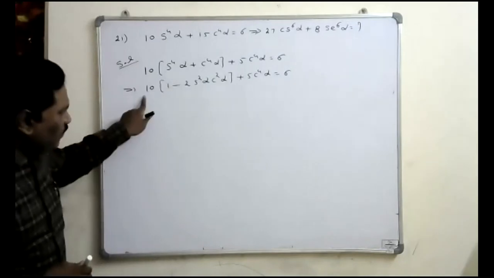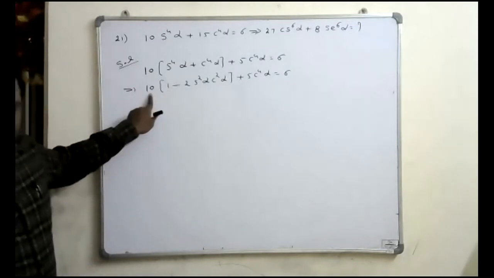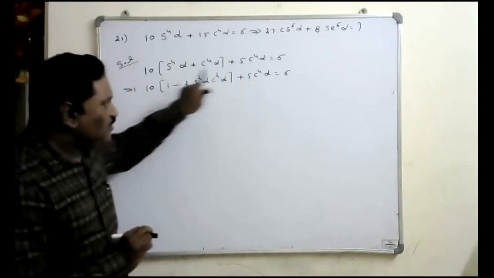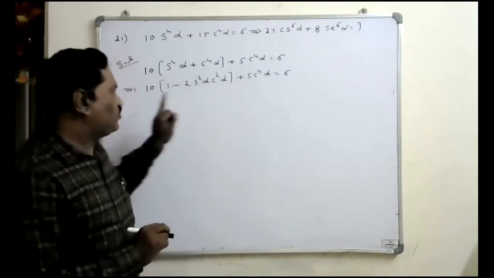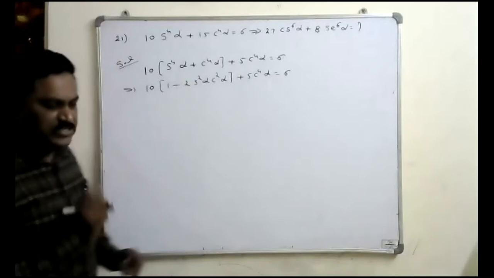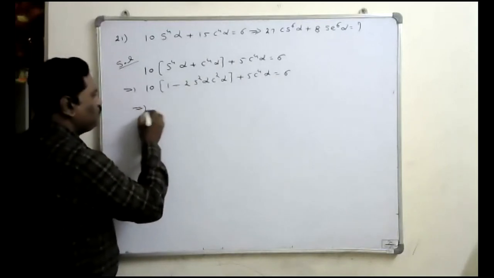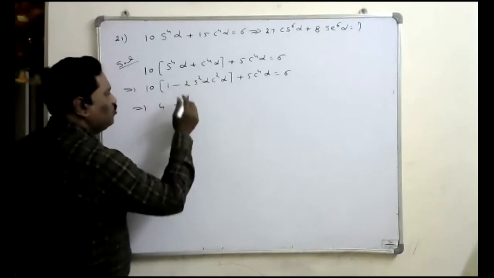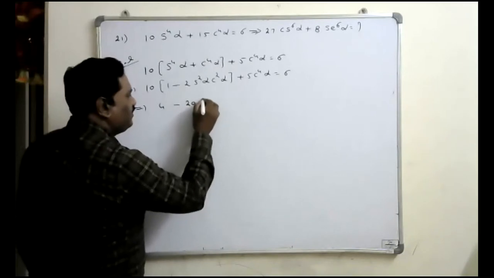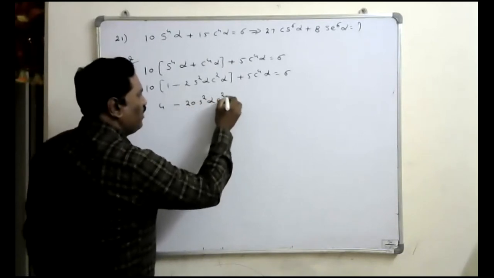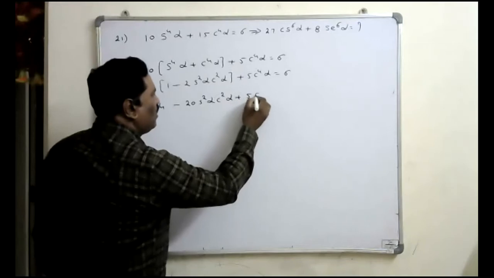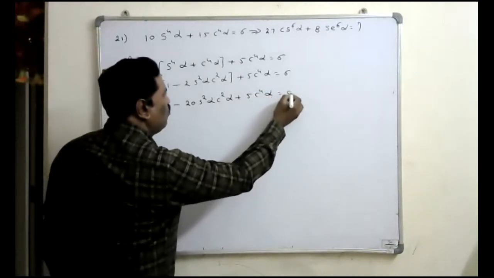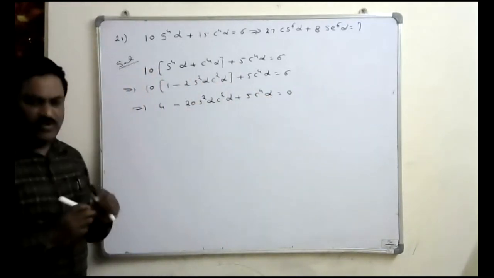Now if you multiply by the 10 here, 10 into 1, that is 10. Bring this 6 to this side, minus 6. 10 minus 6 is 4. Minus 10 into 2, that is 20 sin square alpha cos square alpha, plus 5 cos power 4 alpha is equal to 0. This is what we are getting.